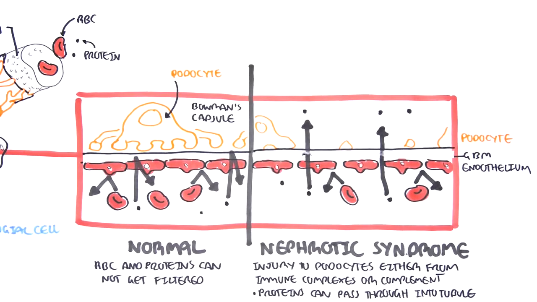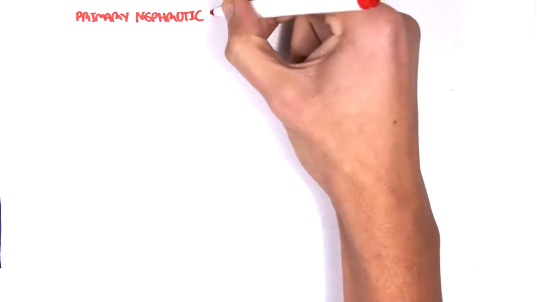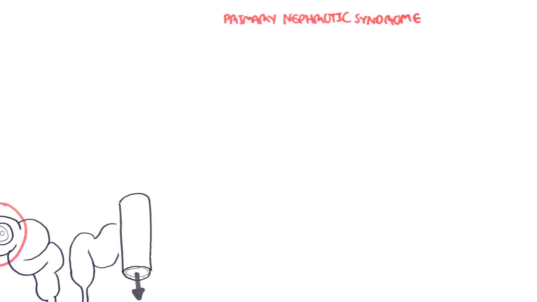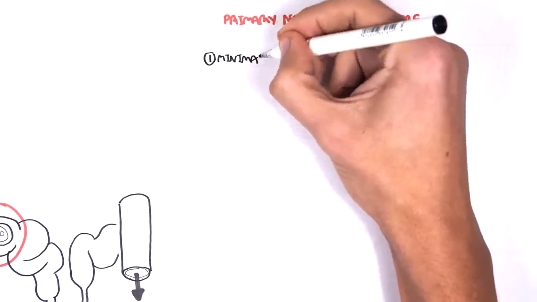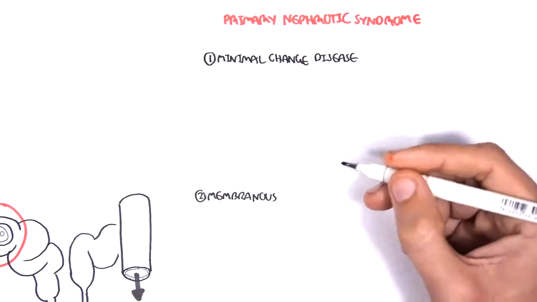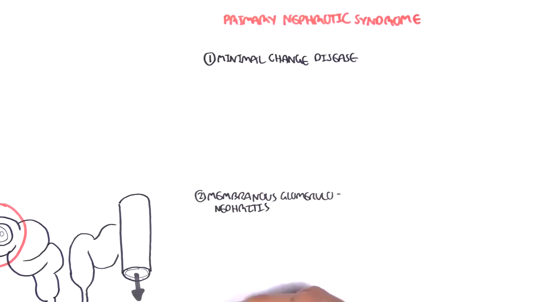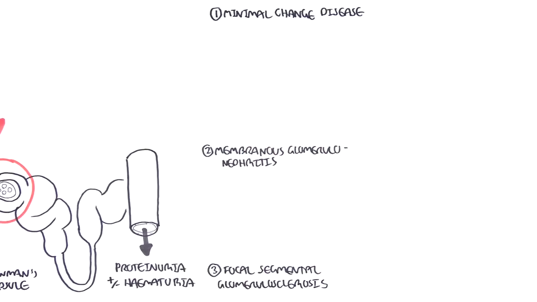through. But there are different types of nephrotic syndromes, and these types can be divided into primary or secondary nephrotic syndromes. The main primary nephrotic syndromes are minimal change disease, membranous glomerulonephritis, and focal segmental glomerulosclerosis.